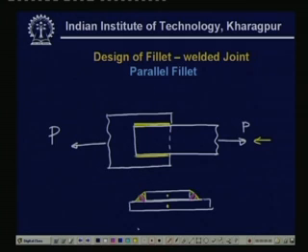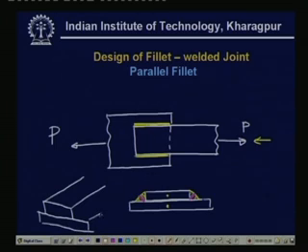It can be further elaborated with the help of a similar diagram. Now, here is that fillet. Definitely the vulnerable cross section is here where the area is the least.